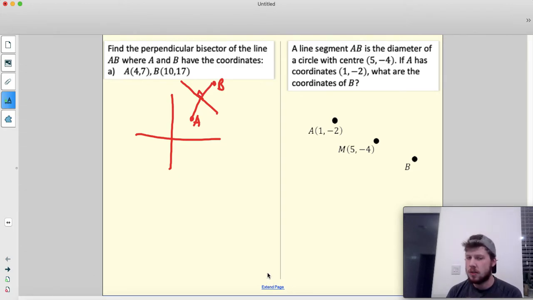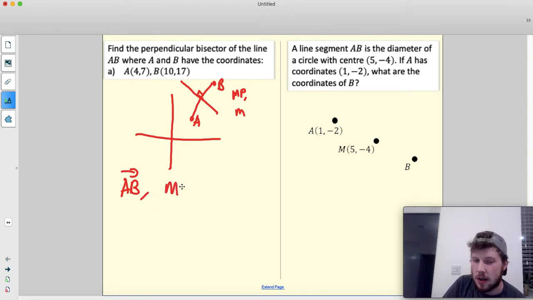So to do this, I need to know some information about this segment AB. I need to know the midpoint, and I also need to know the gradient. The gradient will help me find the bisector. First, the midpoint. I can find the midpoint by looking at the average of the x coordinates and the y coordinates.